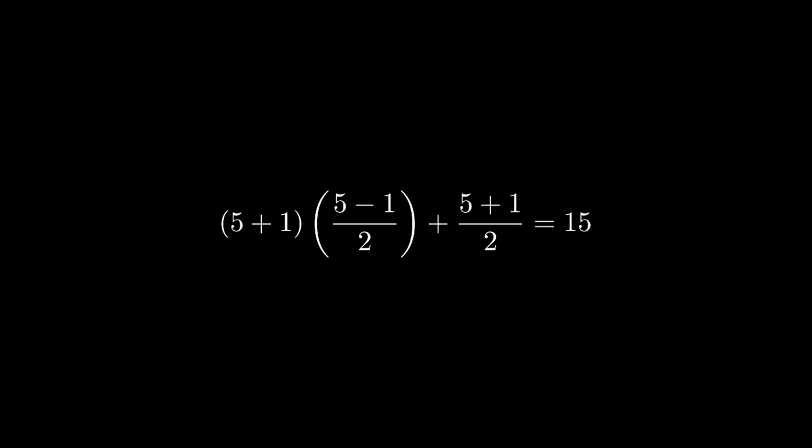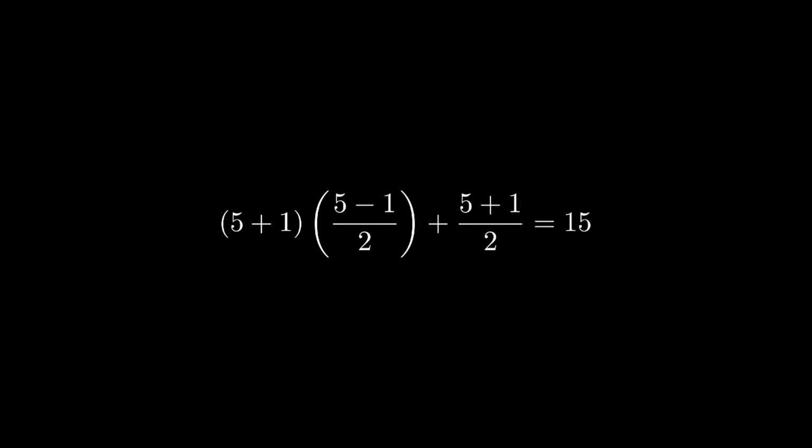We also have to add up the number in the middle, which will be 5 plus 1 over 2. In this case, it's 3. And as you can see, this adds up to 15, which is precisely the sum from 1 to 5. So for any odd integer n, we can actually generalize this to be in terms of n. Let's do that right now.